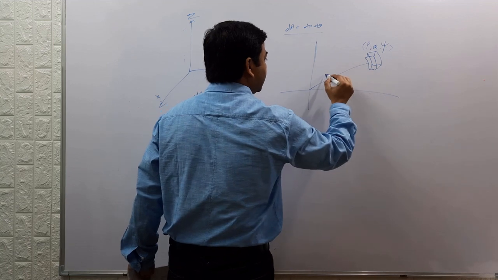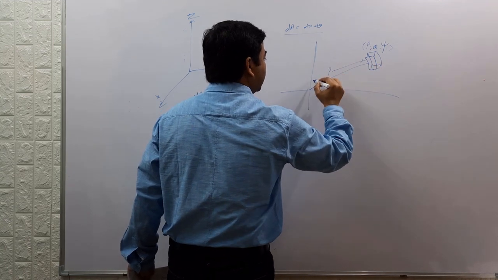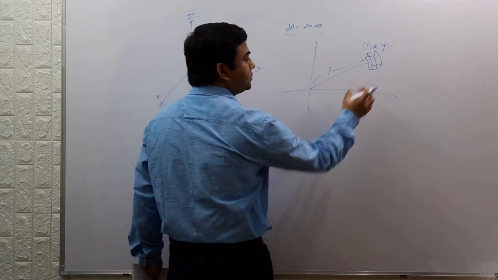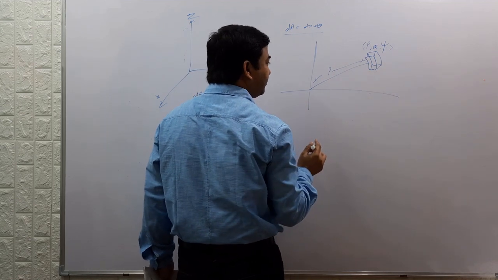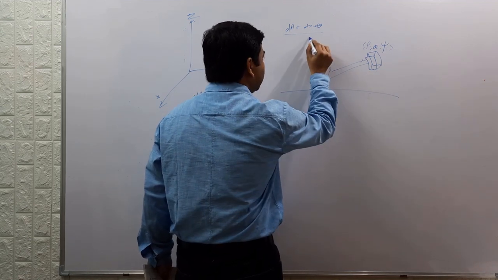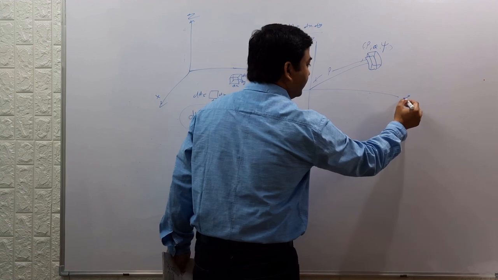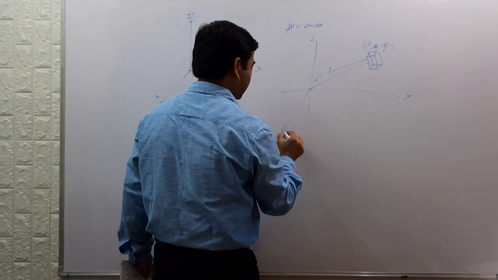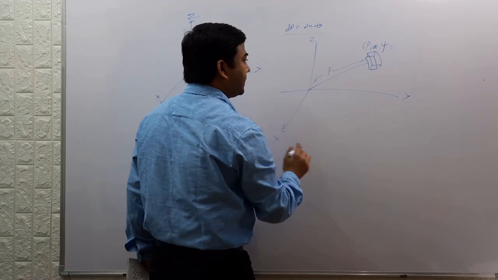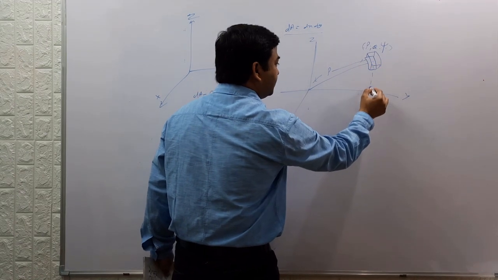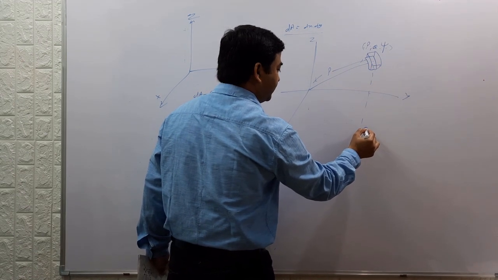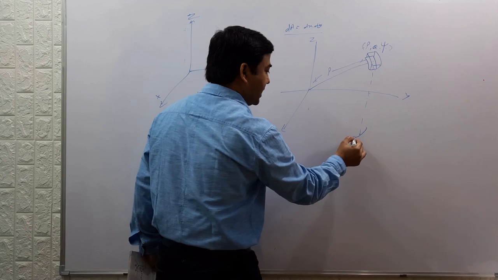Here it is rho, the distance is rho. This is a small dV volume. This is the z axis, y axis, x axis. Just take the projection of this and find this arc.